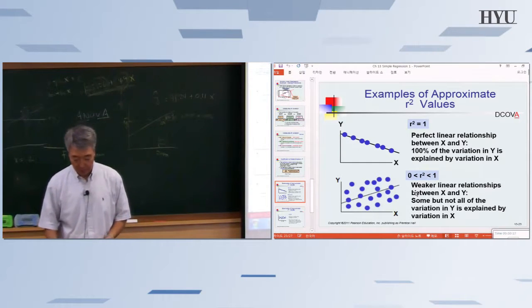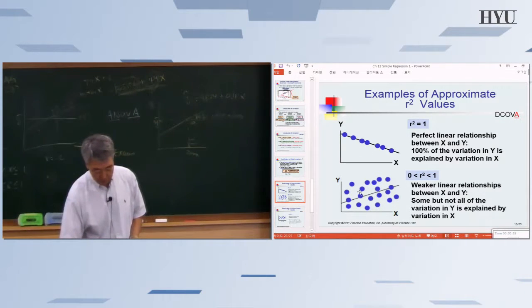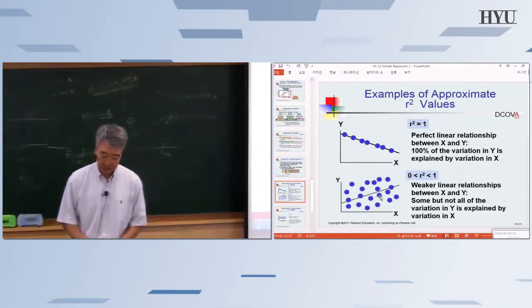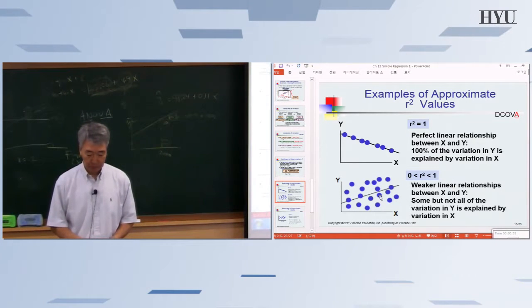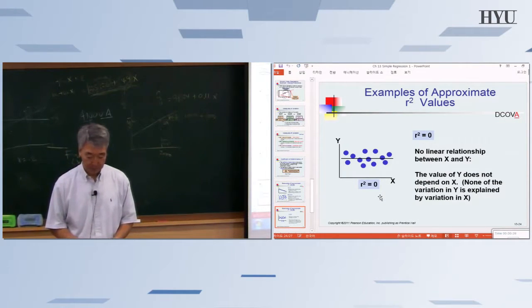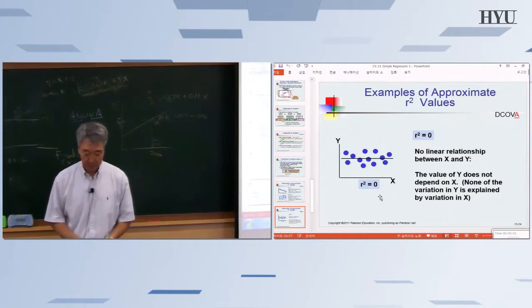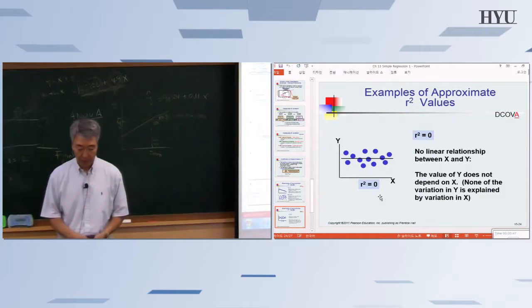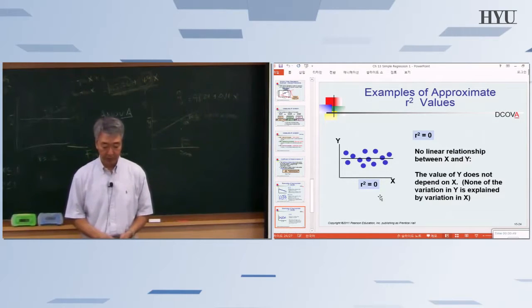If you have relatively wide scattered data points, then R squared will be between 0 and 1, right? Can it be 0? Well, yeah. If you have something like this, then it is possible that R is 0, right?